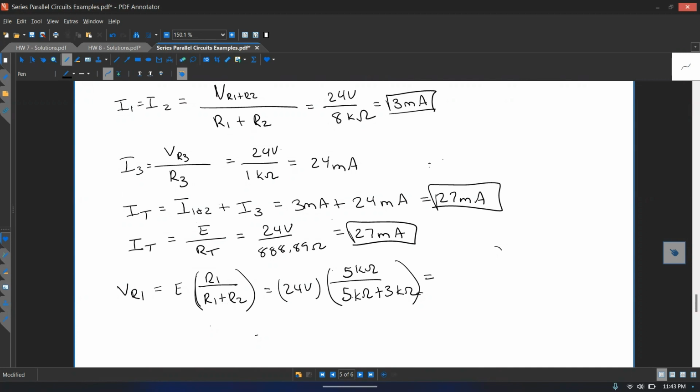All right, and so if we plug it into the calculator, 24 times 5 kilo ohms divided by 8 kilo ohms, you get 15 volts.